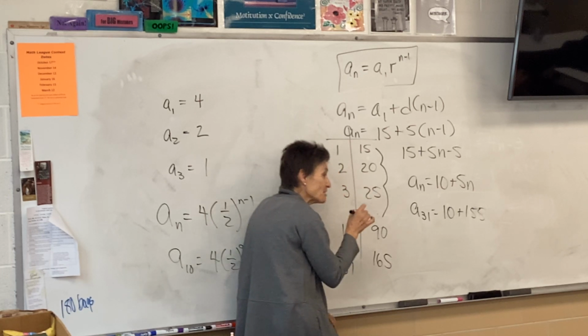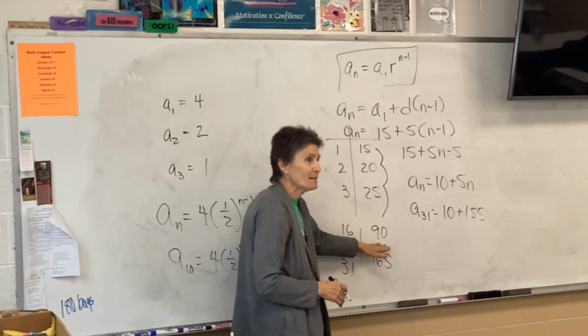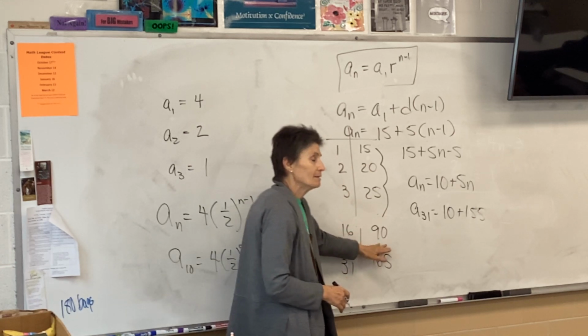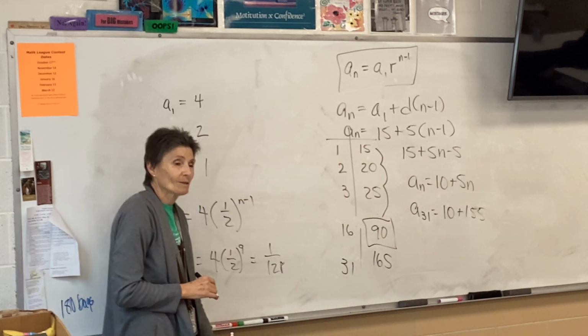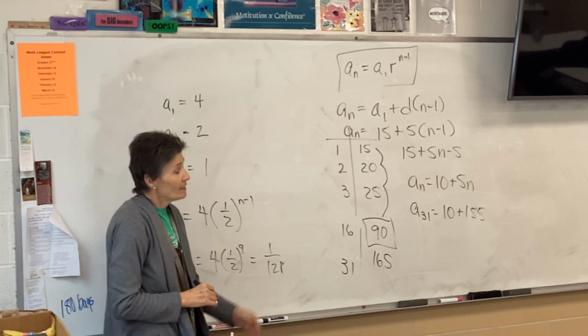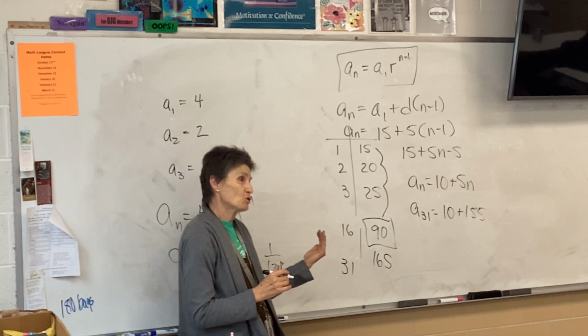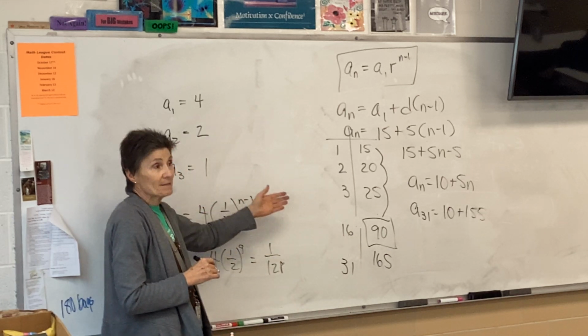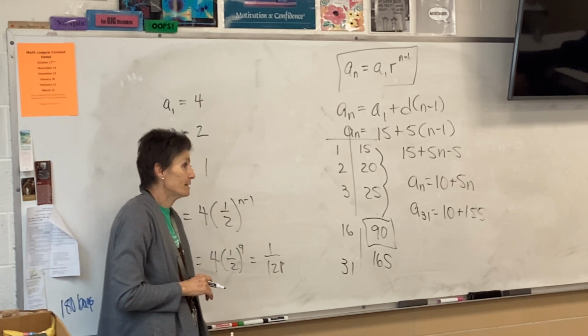So does it make sense to you that when I add these up and divide, it's gonna come out to be 90? Very good, Xander, very good. Very good thinking. Now, again, arithmetic sequences are so special. That would not be the case in another set of numbers, but in an arithmetic set, it is.